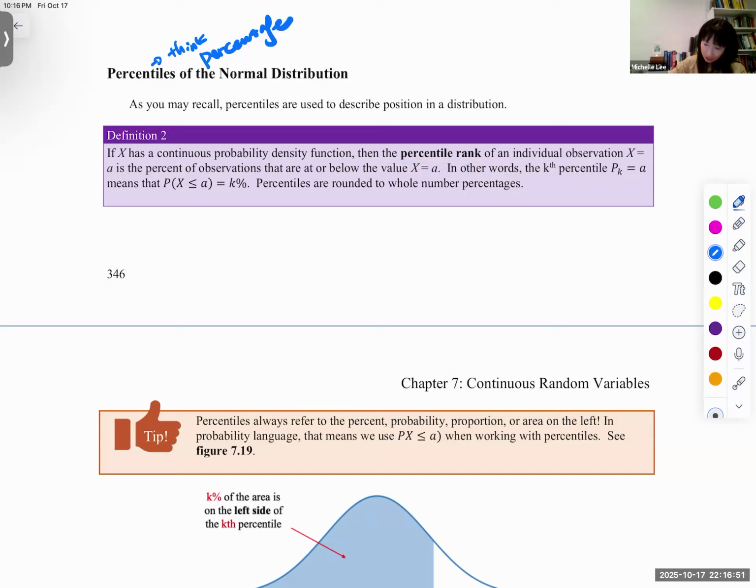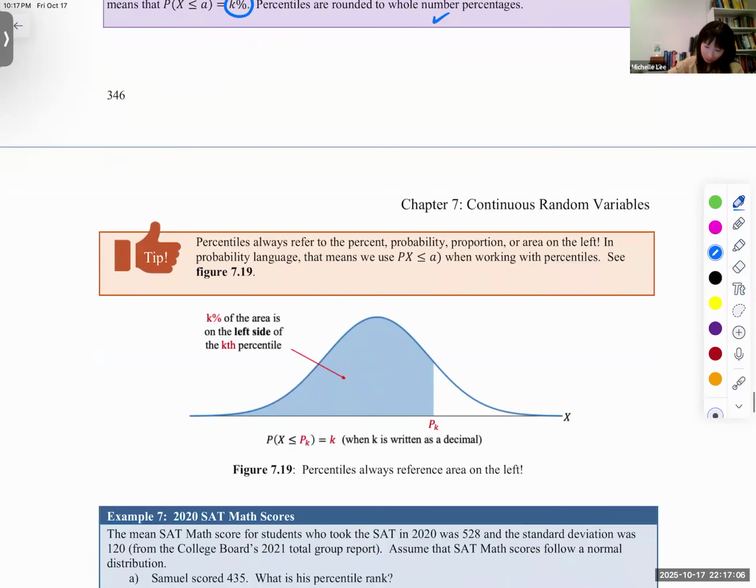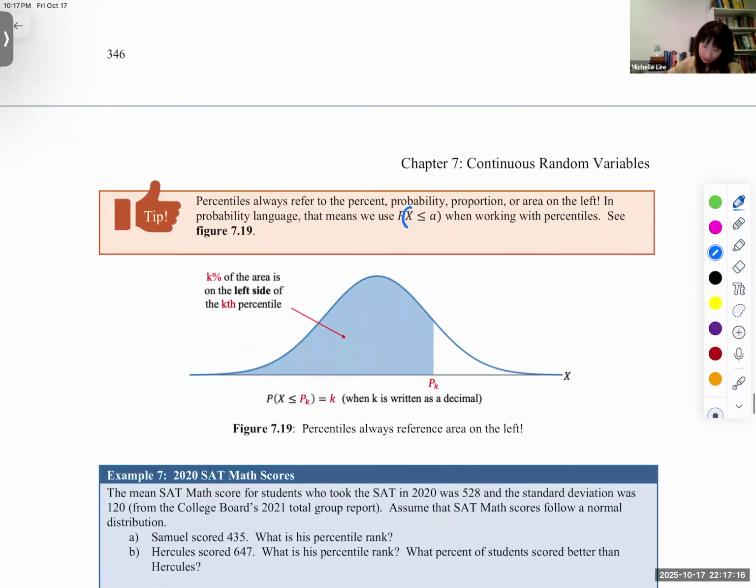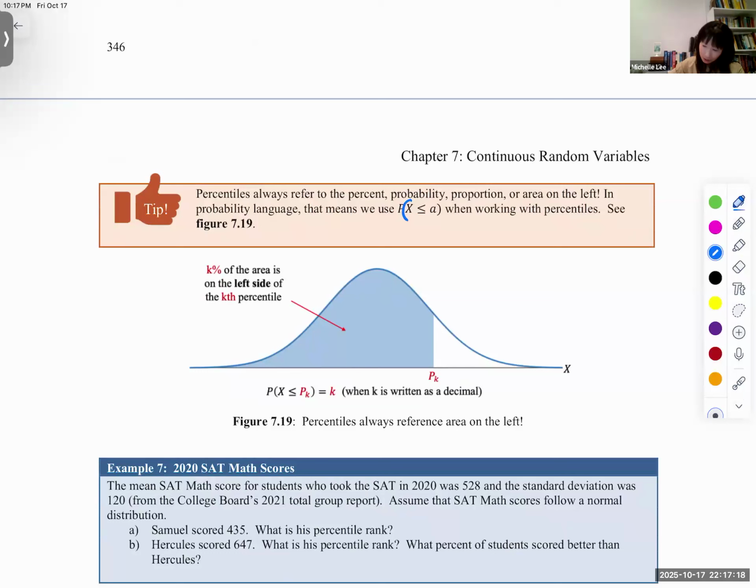So K percent, K percent percentile. And then they want to make it a whole number percentage. We use probability. Percentile always refers to the percent, probability, proportion, or area on the left.